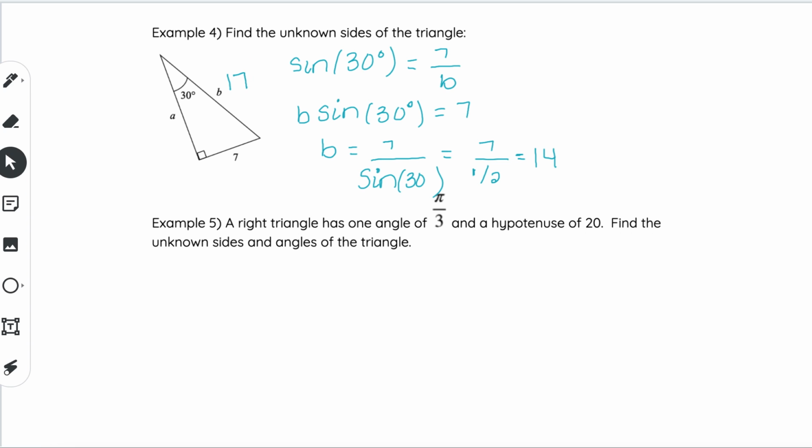We can use Pythagorean's theorem. 7 squared plus a squared is 14 squared. So a is equal to the square root of 147. And noticing I'm leaving it in its exact value.